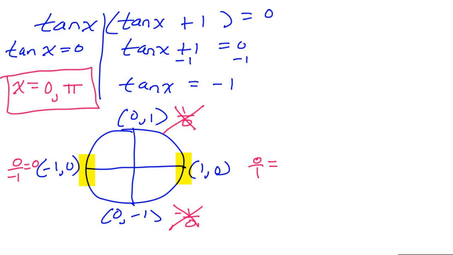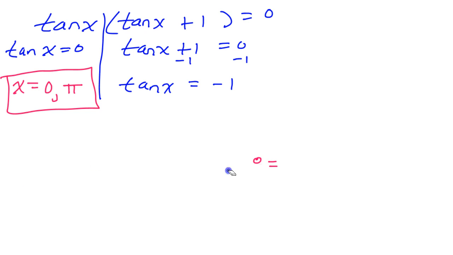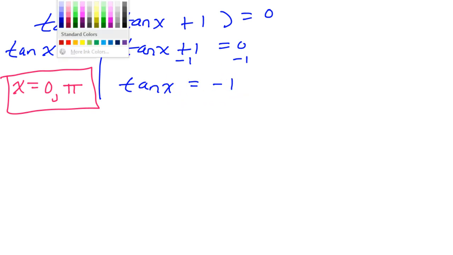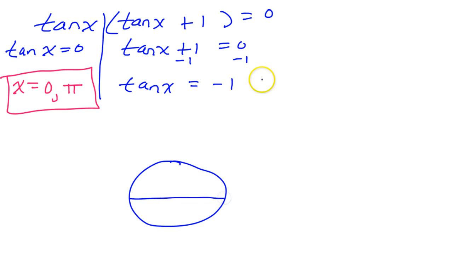Okay, now this is negative 1, but still that tells me the reference angle. Let me just erase this for a minute. Okay, so because the tangent of pi over 4 is equal to 1, I know that pi over 4 is the reference angle. So I'm going to draw that diagram. So pi over 4 is the reference angle.